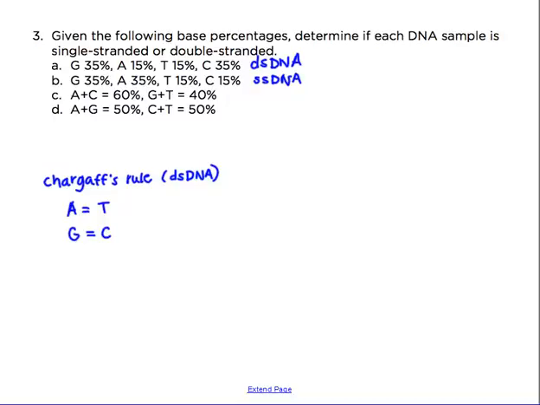For part C, it says A plus C equals 60%, whereas G plus T equals 40%. So we have to write down the other Chargaff's rules that we have.